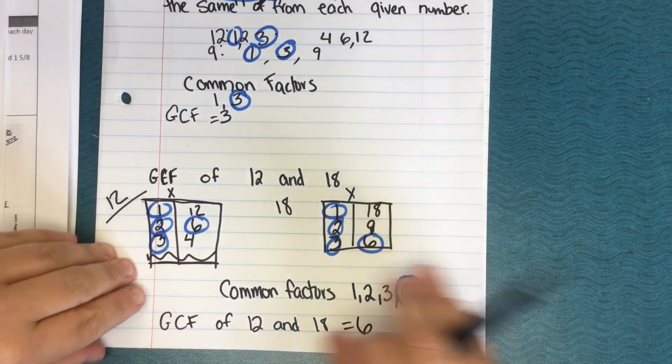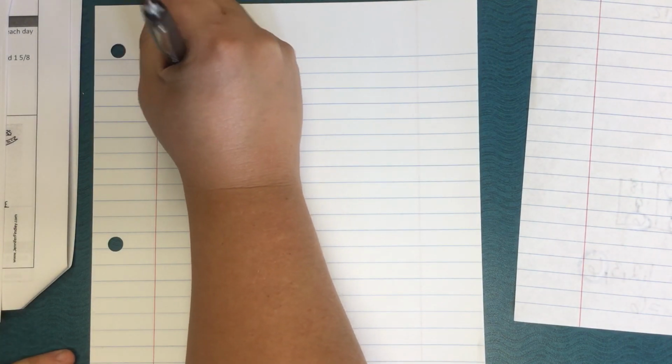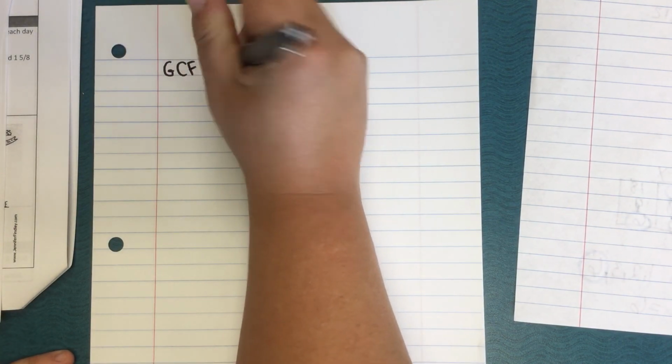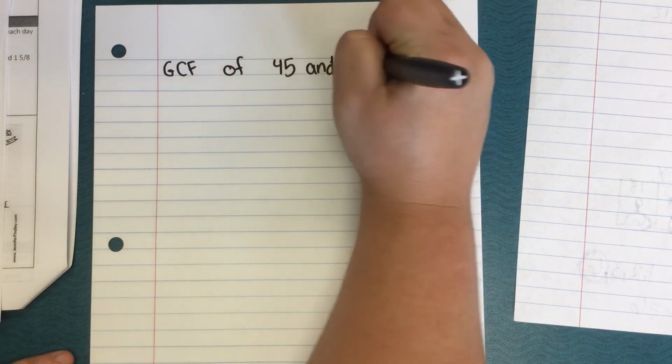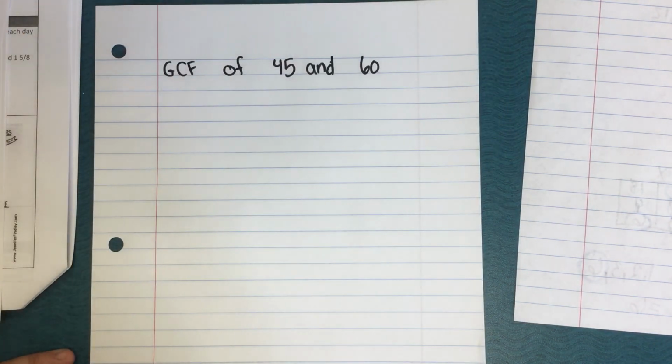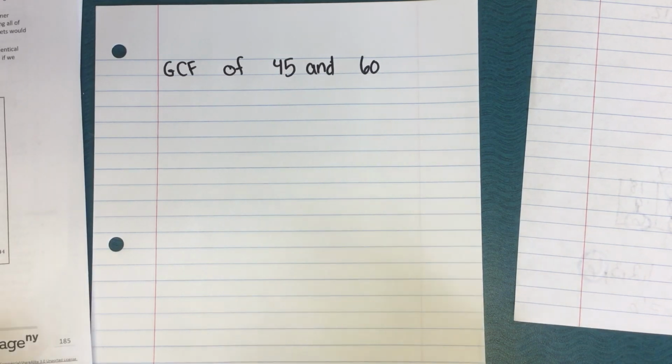All right, let's do one more together. GCF of 45 and 60. This time, I'm going to do a list method.